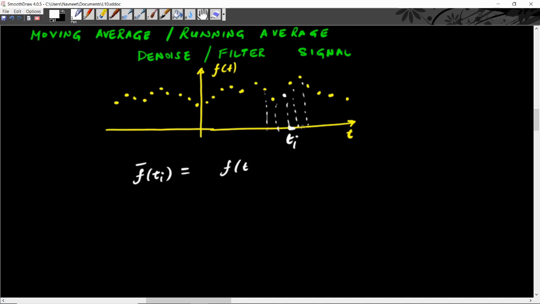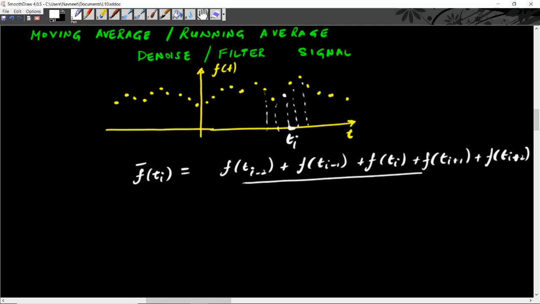So if you take 5 points, including, let's say, f of t_(i-2) plus f of t_(i-1) plus f of t_i plus f of t_(i+1) plus f of t_(i+2), and divided by 5, then what you've done is that you've taken the values of the function f of t and 4 neighboring points, and then you have taken the average of that.